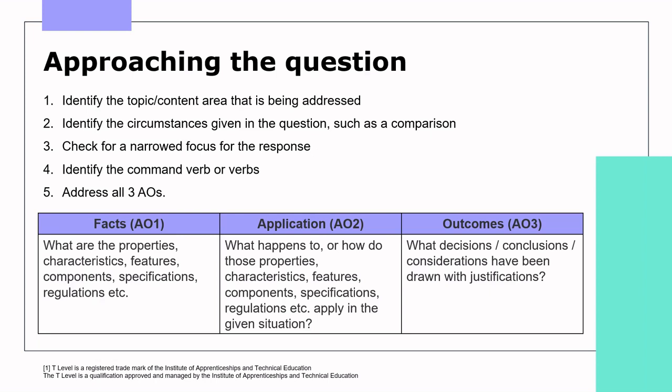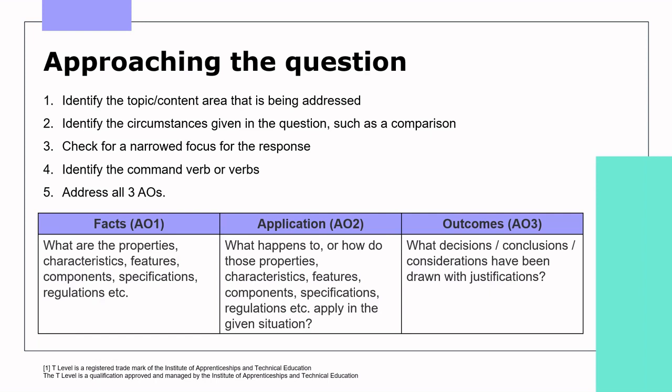Step four is to note the command verb and to check for multiple command verbs too, such as describe and evaluate. And finally, step five is to ensure the answer addresses all of the assessment objectives.